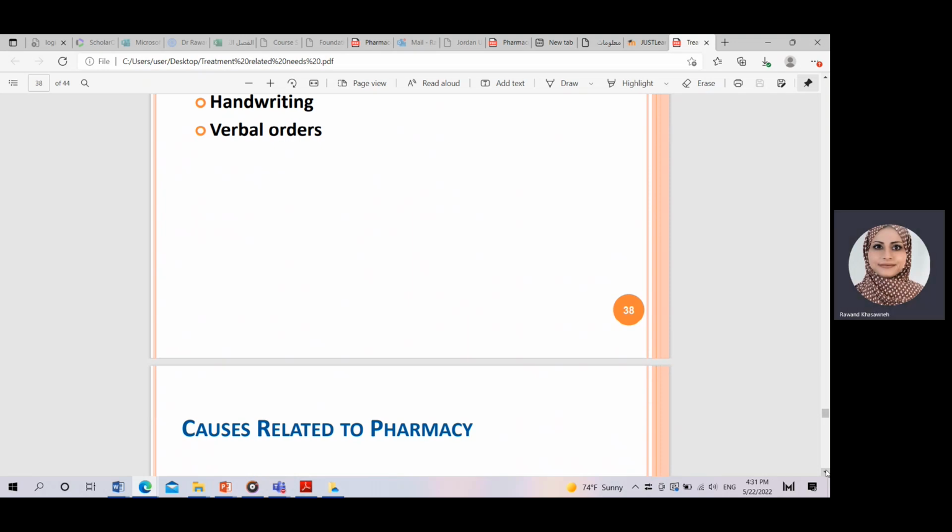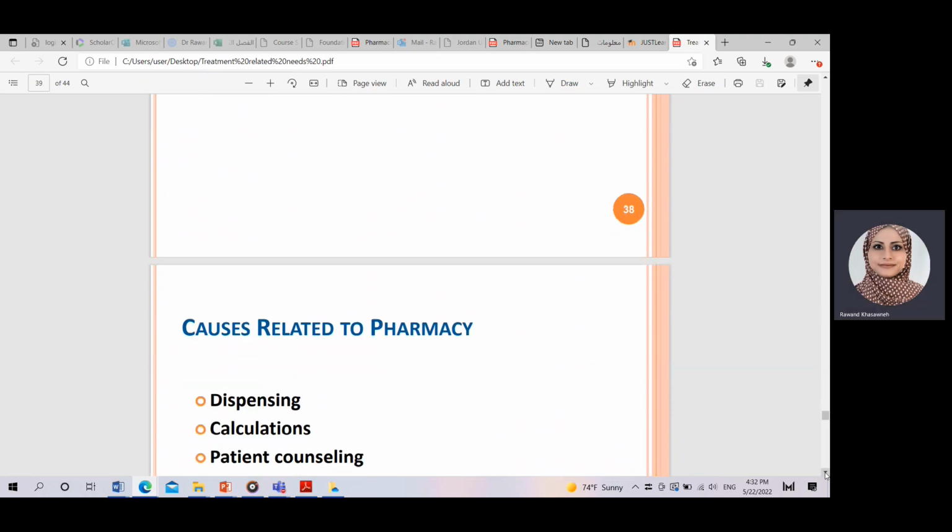So the prescriber may ask the nurse to transcribe a certain medication, and she might hear something else, and then she will add an inappropriate medication to the prescription, and the patient can get an inappropriate or unintended medication secondary to such an error.